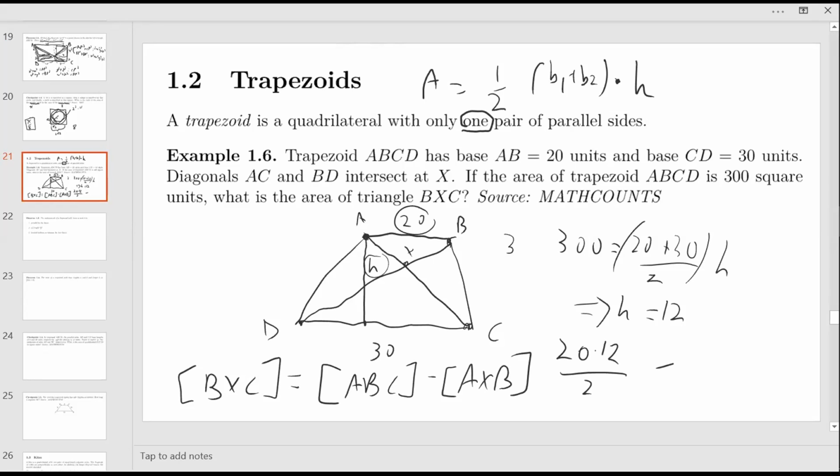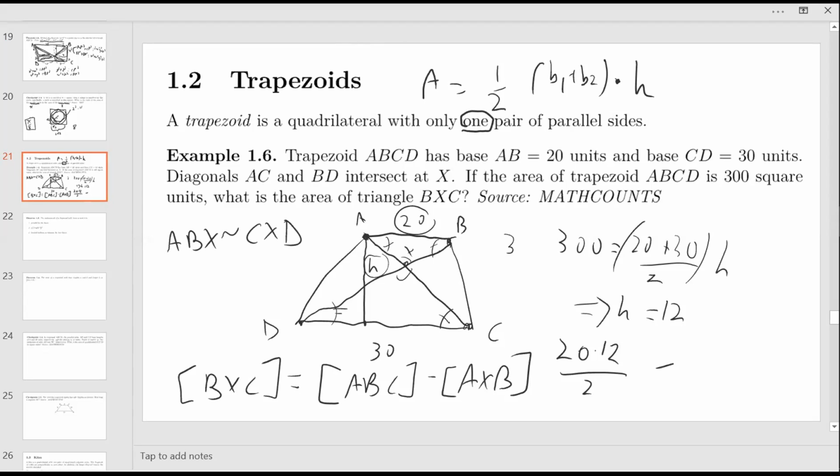now it's time to use similarity. We know that by drawing these diagonals, this angle is equal to this angle, and this angle is equal to this angle. And since they both share this angle, ABX is similar to CXD.